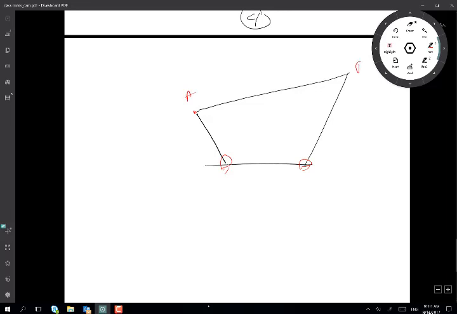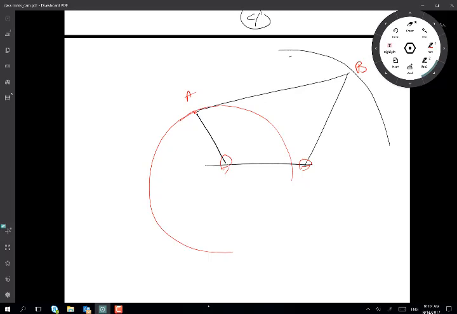Point A, point B. I know this link is going to do 360, and this link will move on a circular arc, because it is rigid. Graphically, I'm going to prove it has a single degree of freedom.